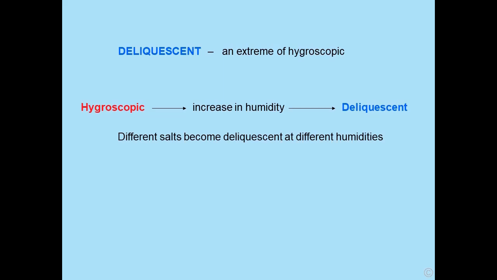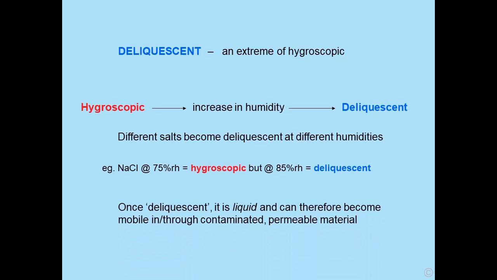And different salts become deliquescent at different humidities. For example, let's take common salt, sodium chloride. At 75% RH, it's hygroscopic. It goes a bit sticky because it's absorbing water. But increase the relative humidity to 85% and leave it, you will find it starts to become liquid. It's absorbing so much water that it's starting to dissolve in itself.